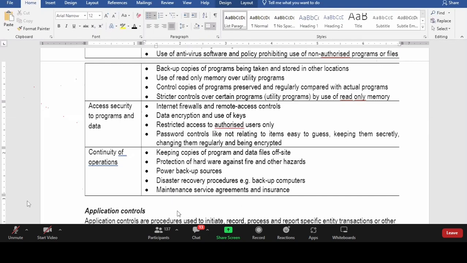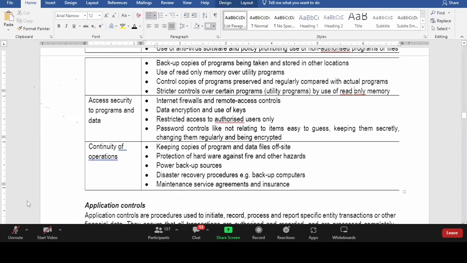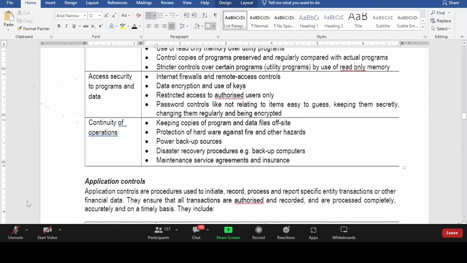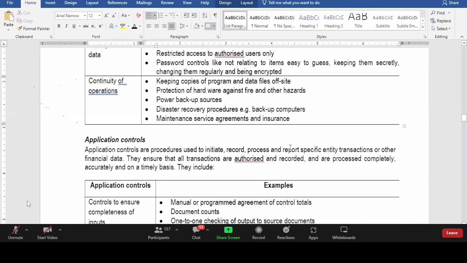These controls were done in IT. Application controls are procedures used to initiate, record, process and report specific transactions. So application controls are specific. These ensure that all transactions are processed accurately.